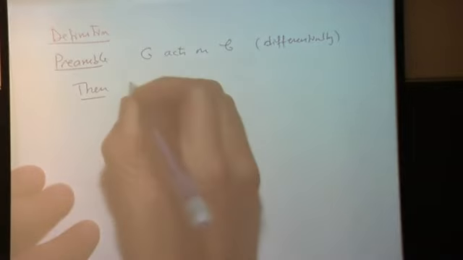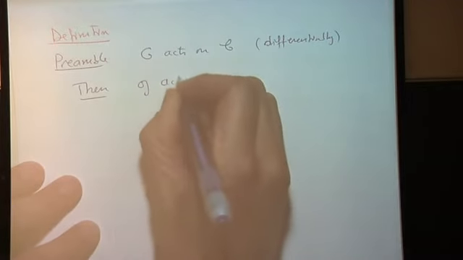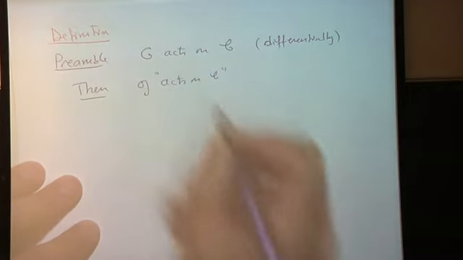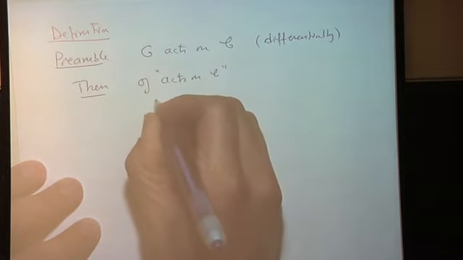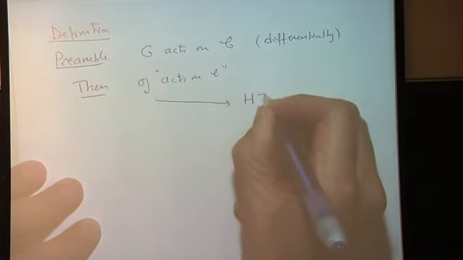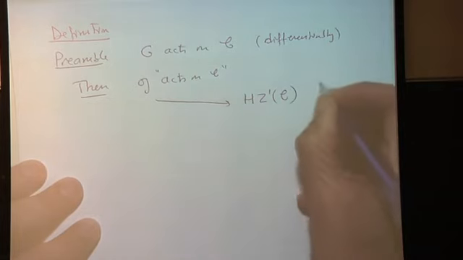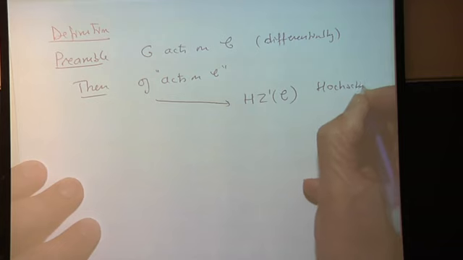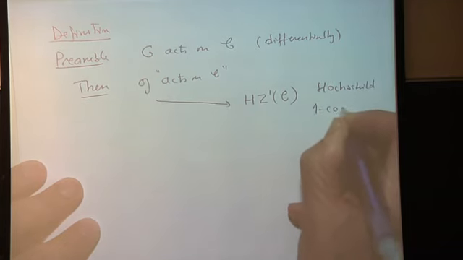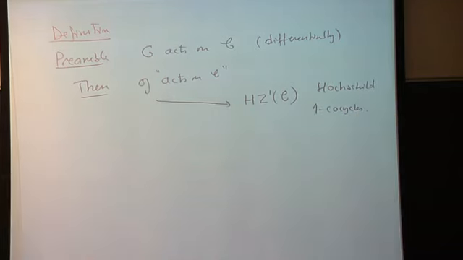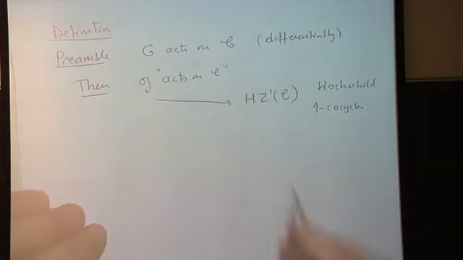Then, as a consequence, G acts on C, and I'm going to claim G comes with a map to the Hochschild 1 cocycles on C. It induces a map on Hochschild 1 cocycles. Or rather to say, for this definition, in order to talk about differentiable action, I want some explicit model of Hochschild cochains so that the infinitesimal action maps G to HZ1.